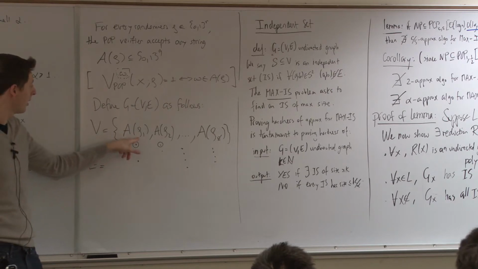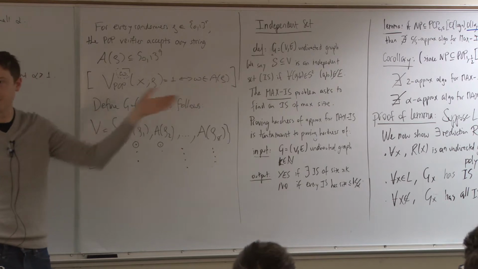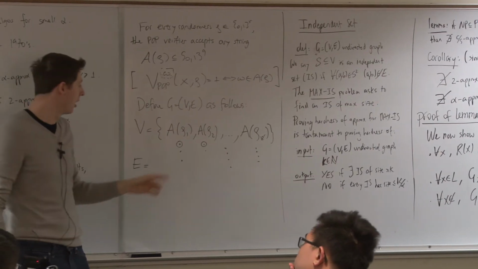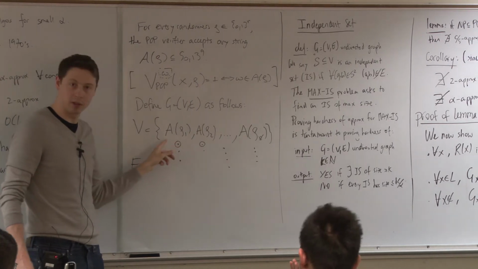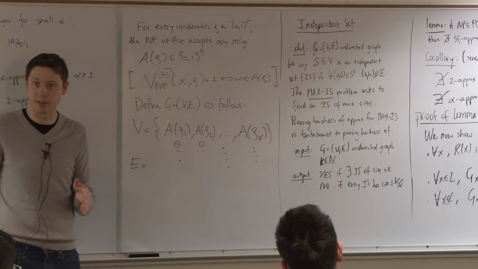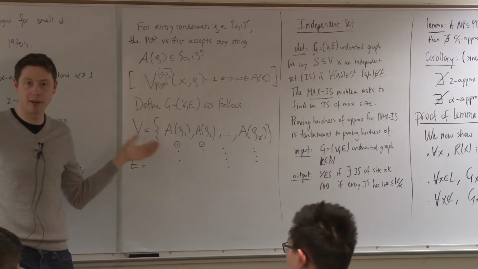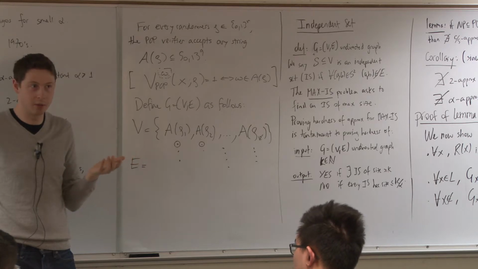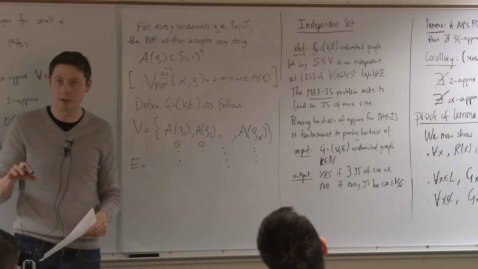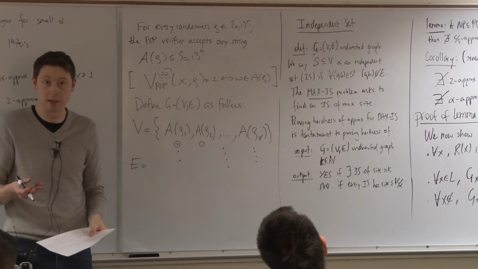Like on row 1, the verifier asks all questions in the first half, and on row 2, the verifier asks all questions in the second half of the proof. Do I care about whatever values these two configurations have in the same independent set? I don't care. They're never going to clash. So whatever answers they give, they don't have to be consistent. So in this case, I am not going to put an edge between them, because for them to coexist in the same independent set is okay.